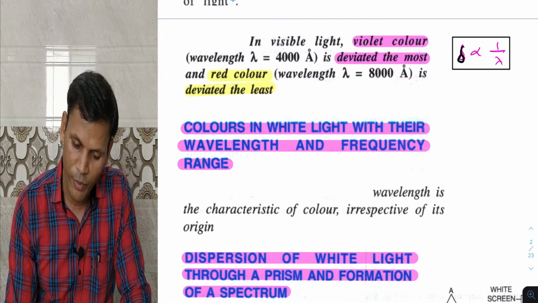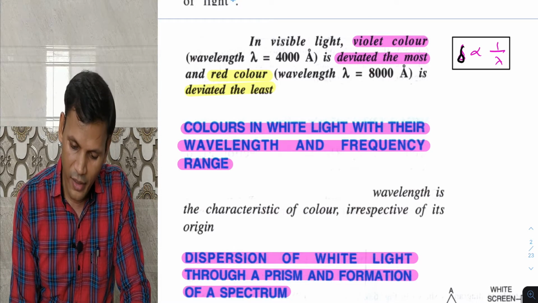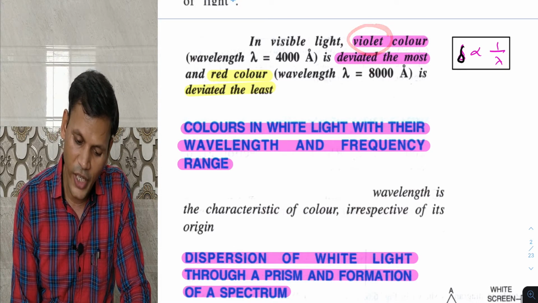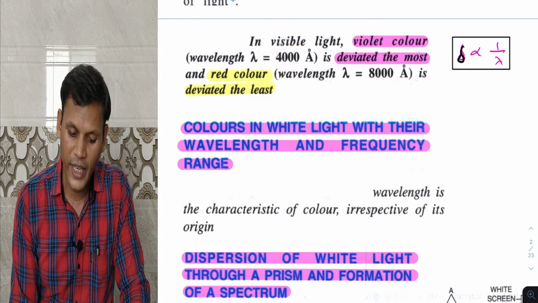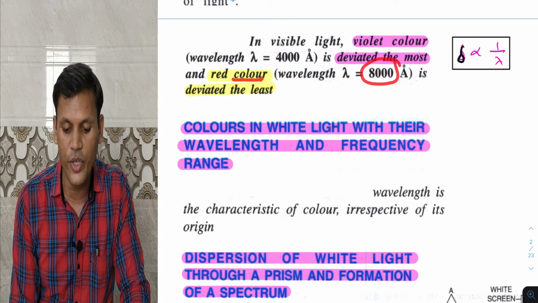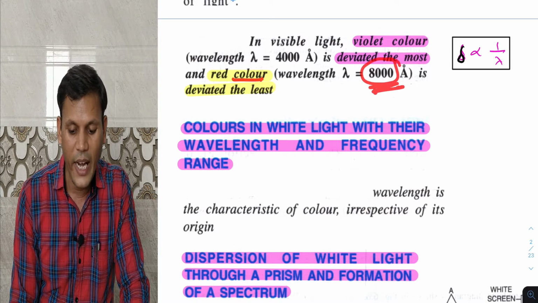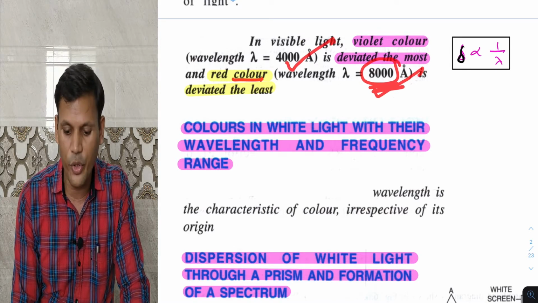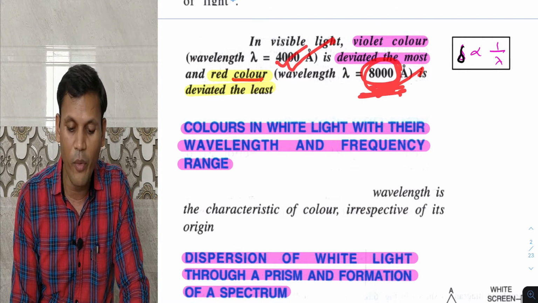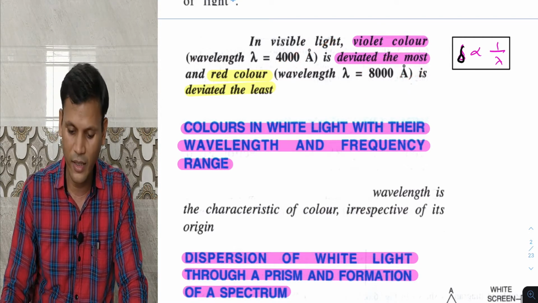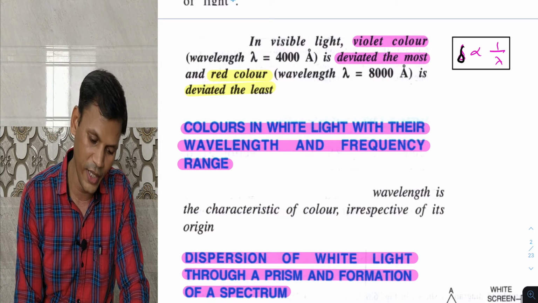And what we can observe over here, for violet color का wavelength is 4000 angstrom and red color having wavelength as 8000 angstrom. 8000 is greater than 4000, so we can say wavelength of red color is greater than that of the violet color. That conclusion also we can write over here.